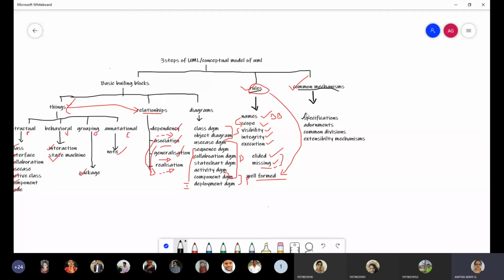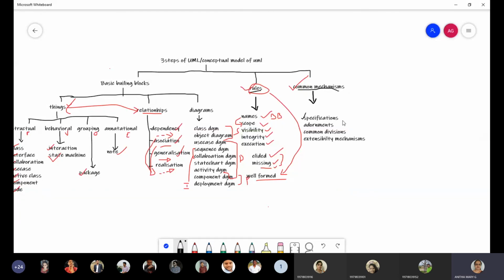It is specified to say something, along with some text statement. Text statement means the name of the class, the name of the interface, so the name of the things. And also the syntax and semantics of the model.